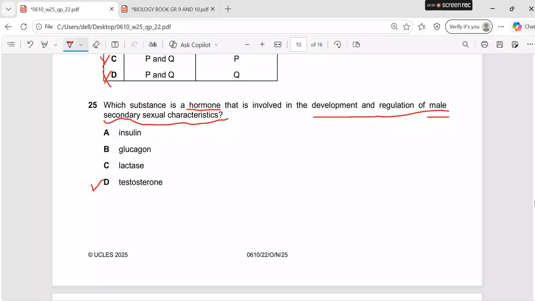Insulin is not at all responsible for secondary sex characteristics in males because it is involved in blood glucose concentration regulation. Glucagon, again, blood glucose concentration regulation. Lactase is not a hormone, it is an enzyme. So A, B, C, we are excluding.